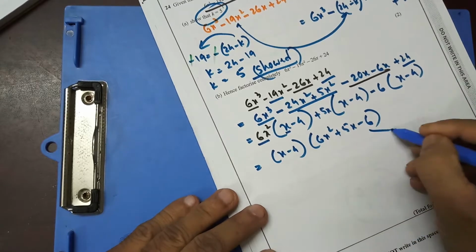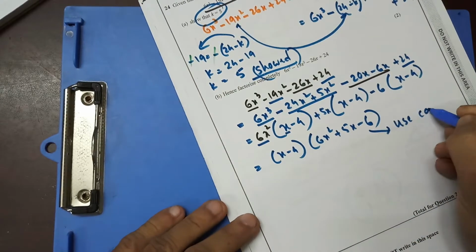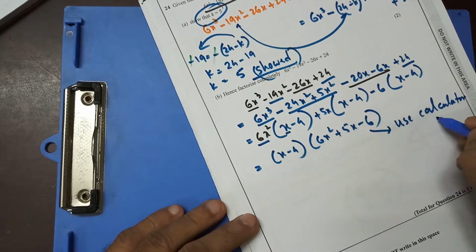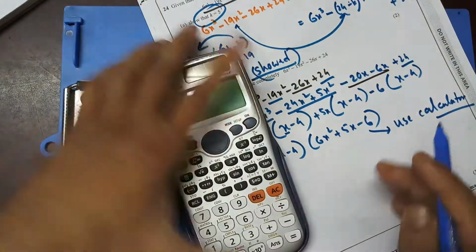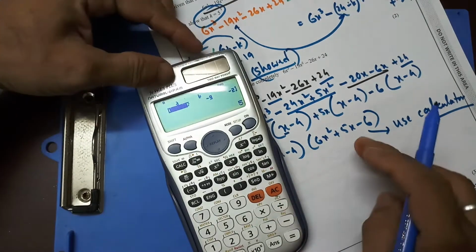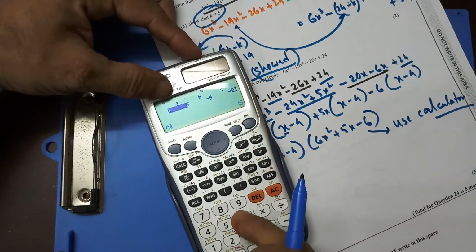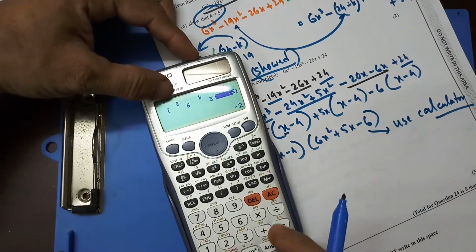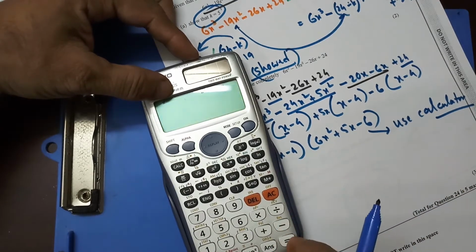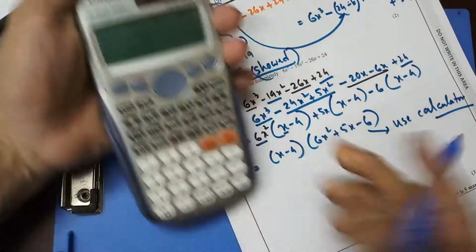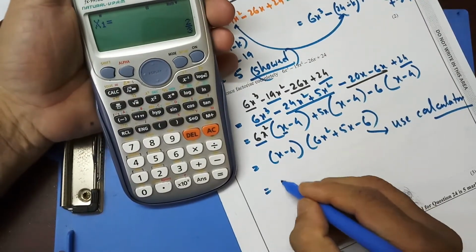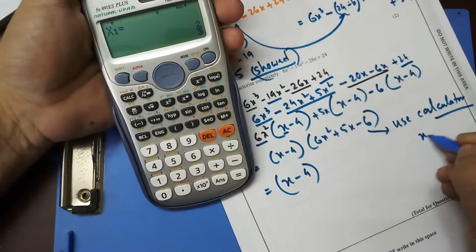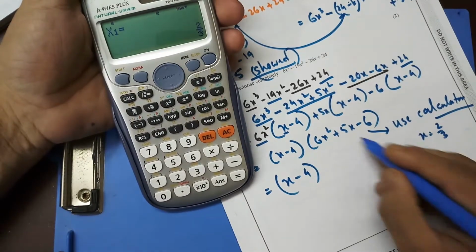Now for this, you can use a calculator, or you can use the middle term break or formulas to find this one out. So that one is going to be 6, 5, minus 6. So I have x minus 4, that's the first one, and then I have x equal to 2 by 3.